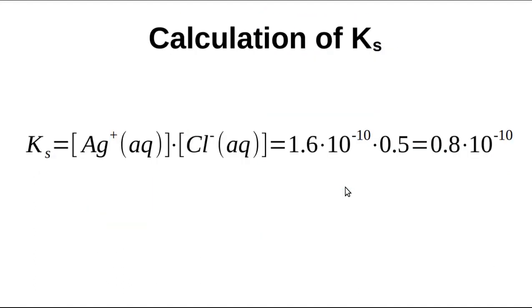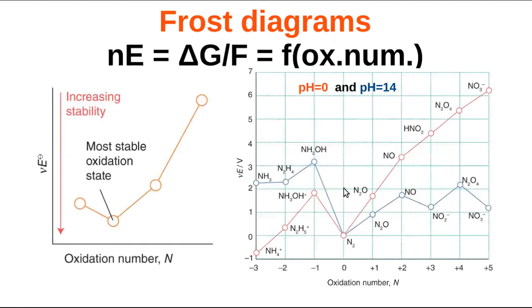So, introducing yet another diagram: in the textbook you have, they are fond of not only Pourbaix diagrams, but even more of something called Frost diagrams. Frost diagrams are convenient if you want to, now let's see.